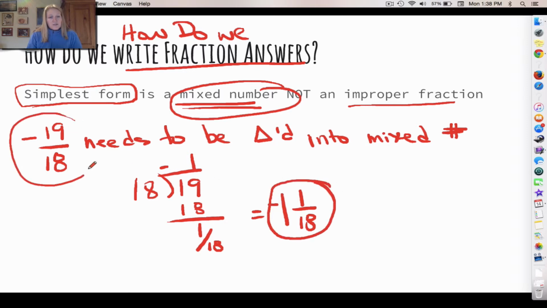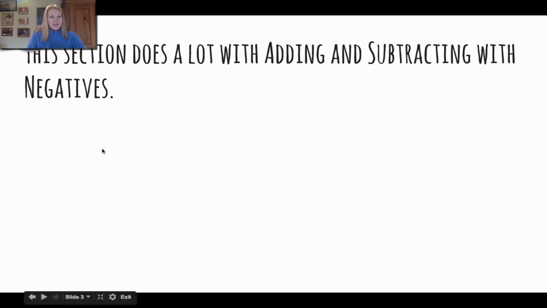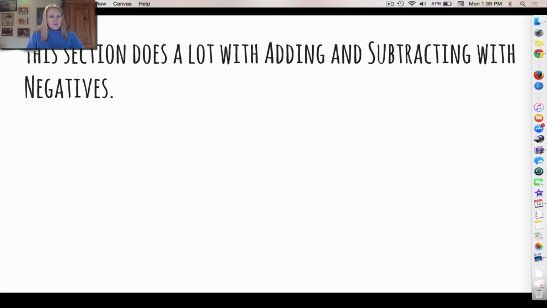So although this is correct, the proper way to write the answer to a problem with fractions in it is a mixed number. The last part that this section deals with, and again, this section does a lot with adding and subtracting negatives. So I just need to remind us of the rules, the positive and negative rules.